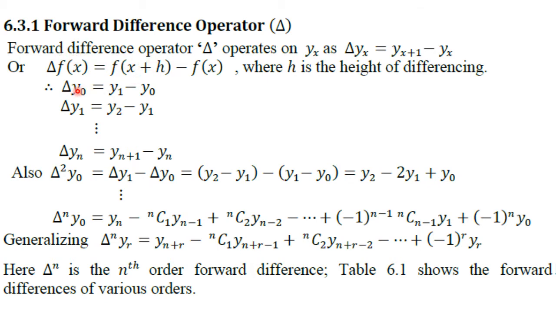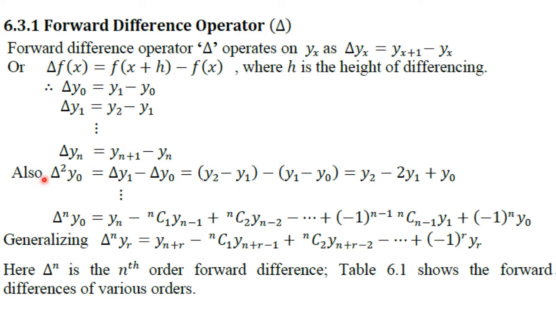And now if you want to apply the forward difference operator on y naught, the first function value where x naught is given, the answer would be y1 minus y naught. Similarly, del y1 is equal to y2 minus y1, and so on. Del yn is equal to y(n+1) minus yn.